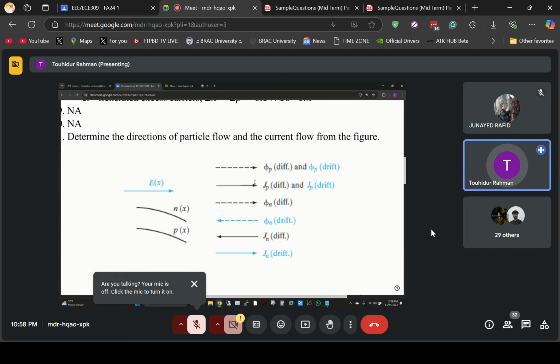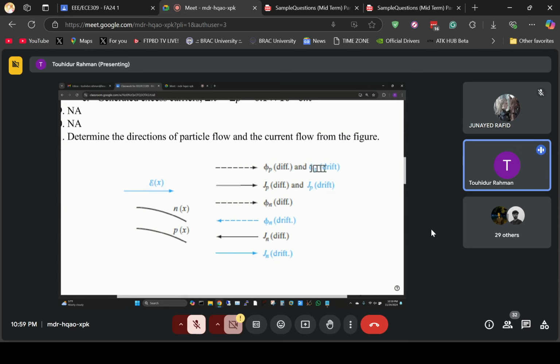The next point is we need to find the direction of current flow for holes. We know the current flows in the same direction as hole flow. So diffusion hole flows from left to right. That means diffusion current will flow from left to right also.